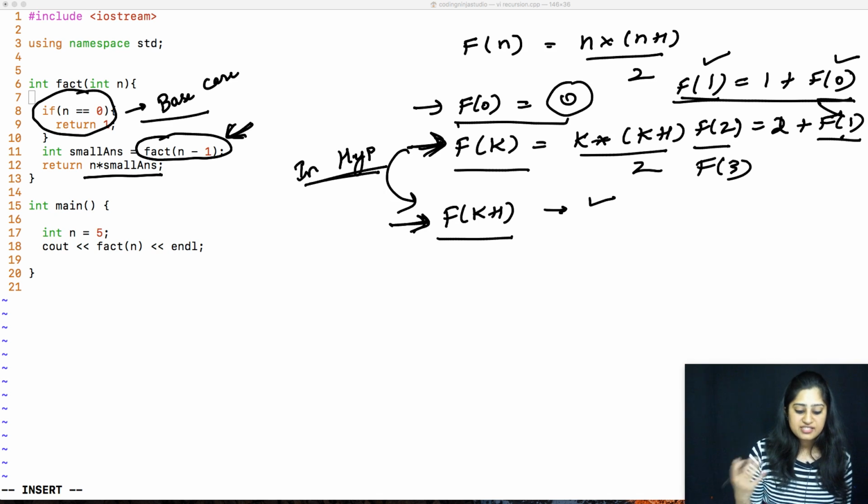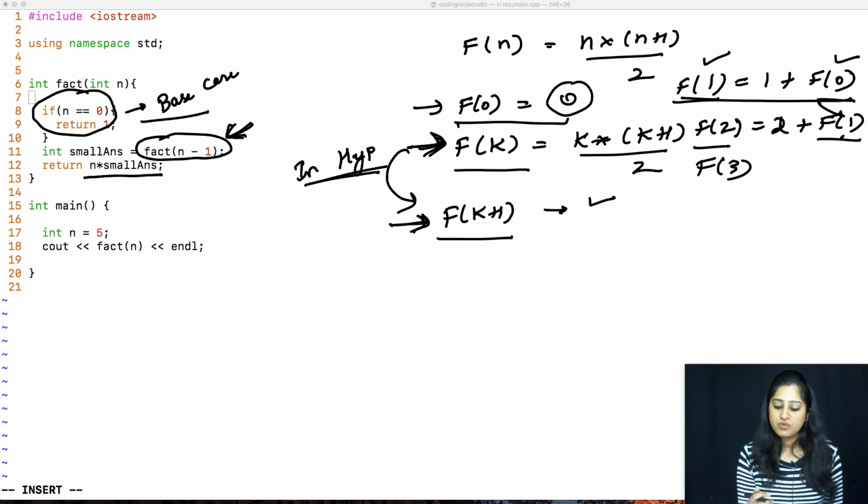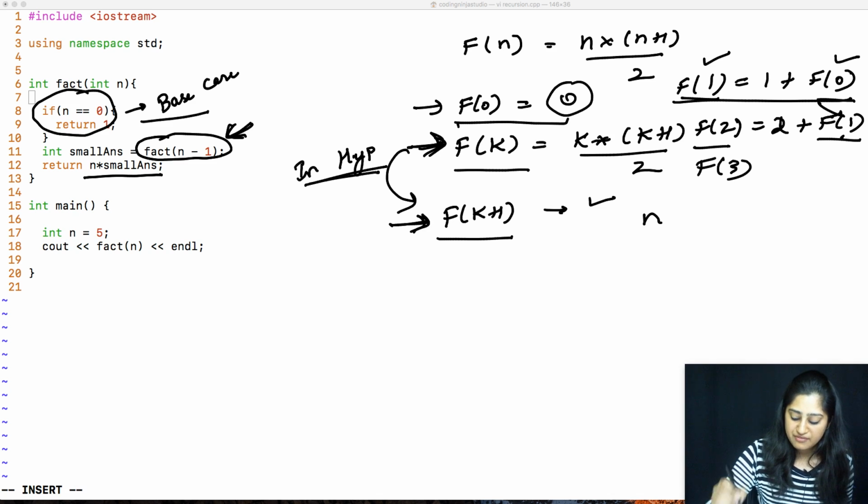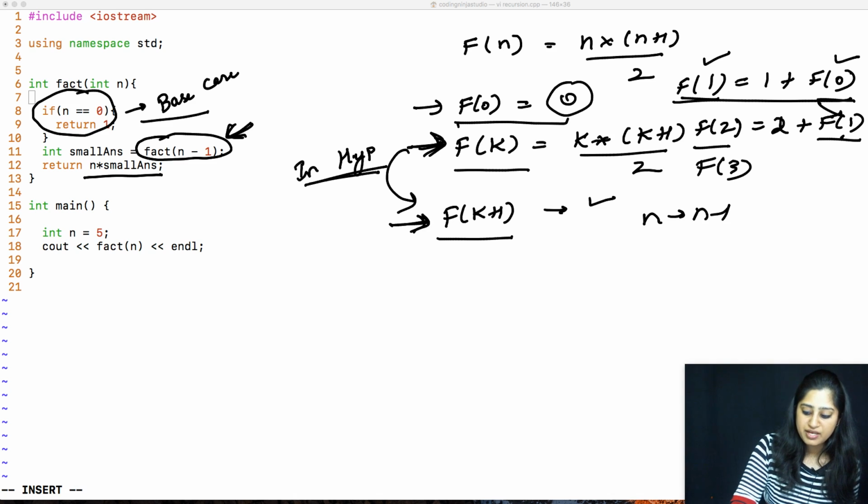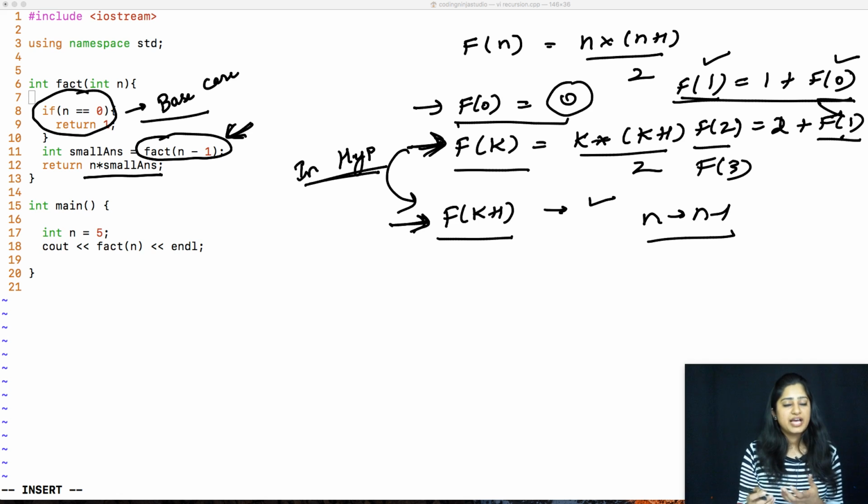Okay, so the next step is you need to decide what the smaller problem means for you. In this case, the smaller problem for me was, if I have to calculate factorial n, then I need the answer of n minus 1. So the smaller problem was, if I have n, I should be able to figure out n minus 1. This will not be the case every time.